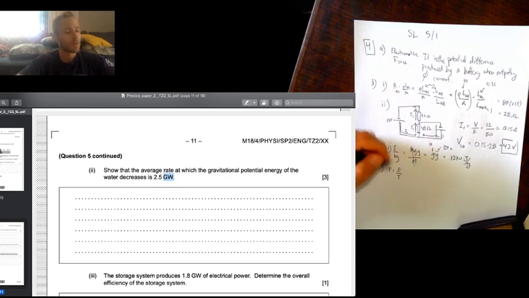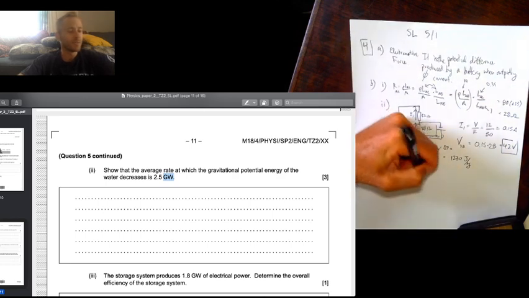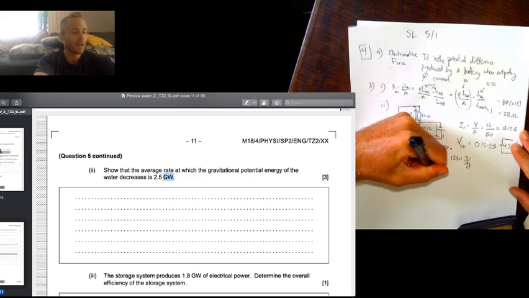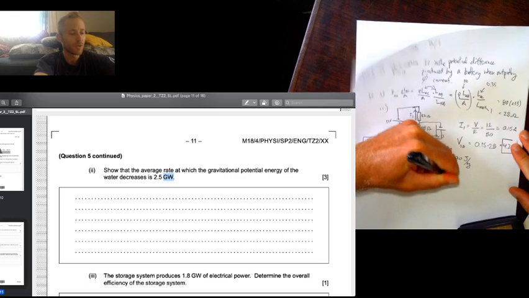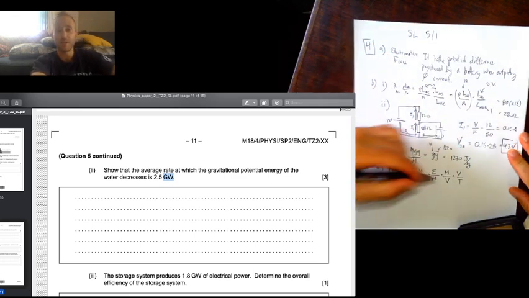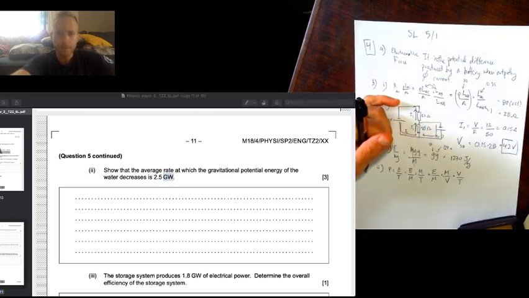Energy per time is the same thing as energy per mass times mass per time, which is the same as energy per mass times mass per volume times volume per time. See how the m's cancel out and the V's cancel out, and I just get energy per time.